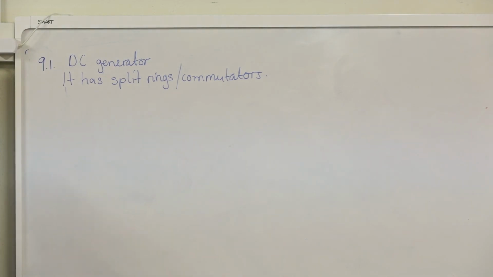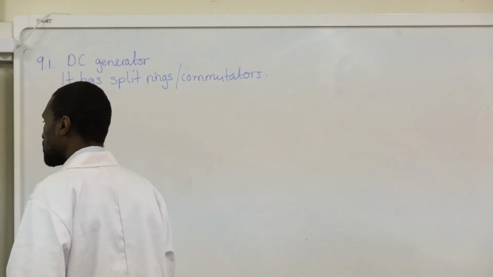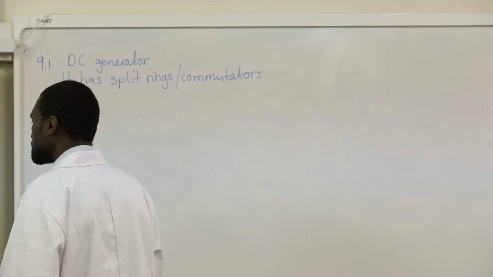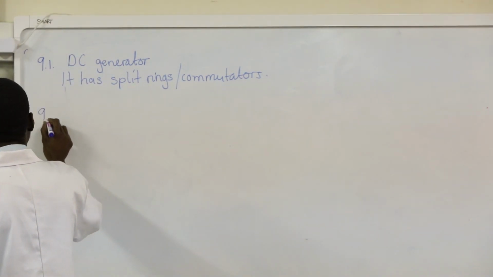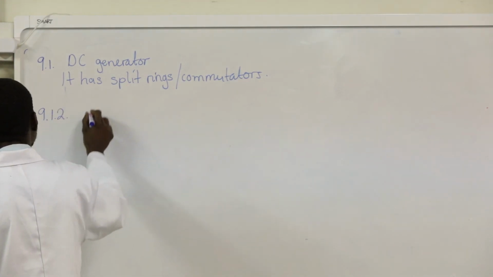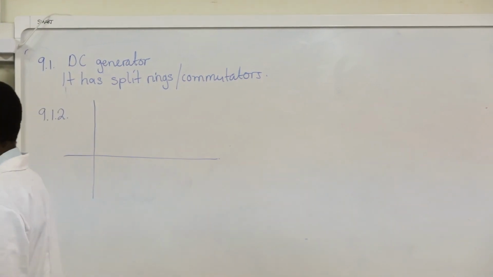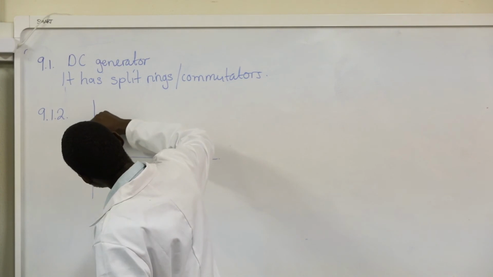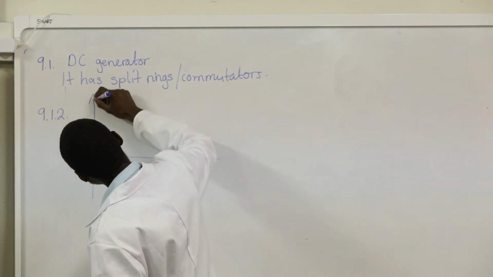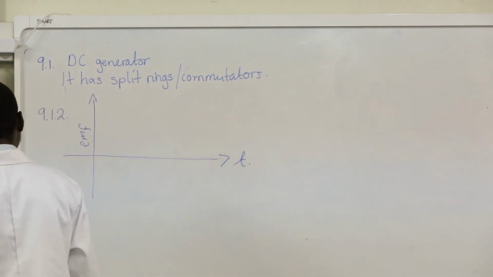9.1.2 says sketch an induced EMF versus time graph for one complete rotation of the coil. The coil starts turning from the vertical position. Now our graphs, we must know that if it is a DC generator, you have your EMF on the y-axis and your time on the x-axis.